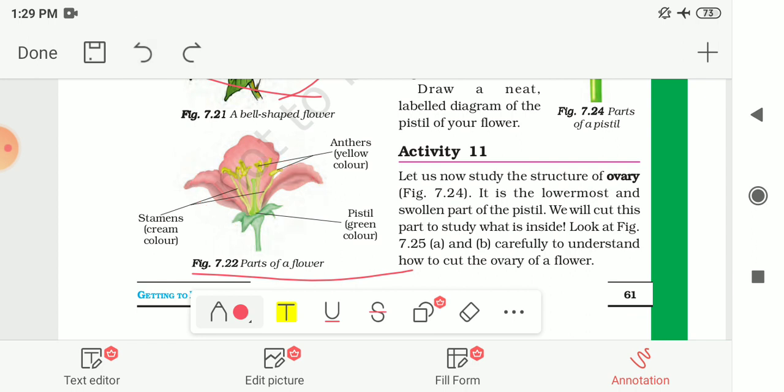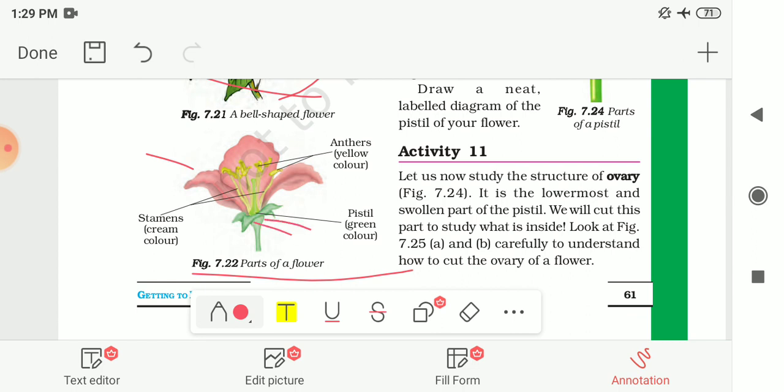Then remove the sepals and petals to see the other parts of the flower, and study figure 7.22 carefully and compare your flower with the illustration or example given to you, and identify the different parts of the flower. First in that are the stamens and pistil. So this one is the pistil.